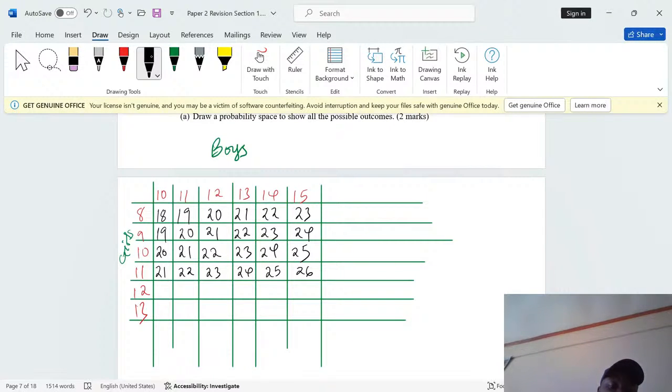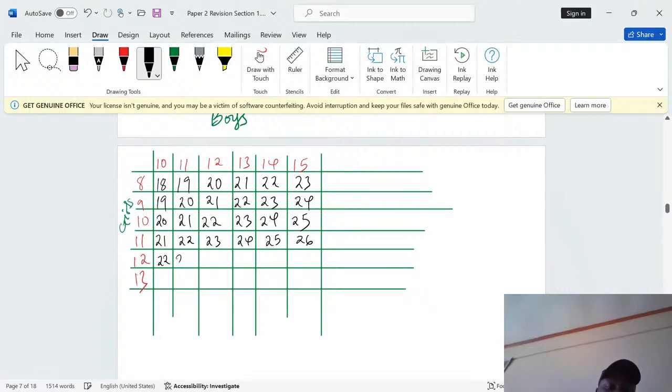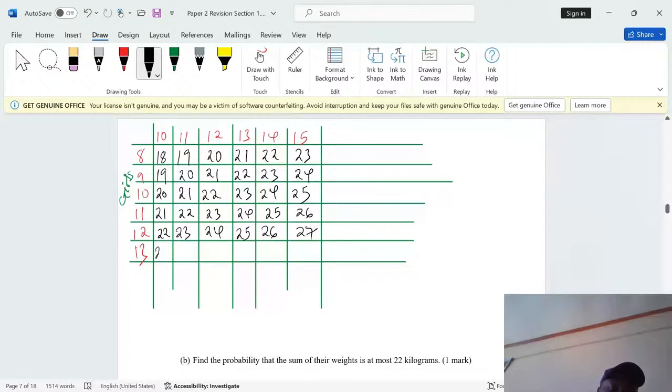10 and 12, giving us 22 is the first one. Then 23, 24, 25, 26, 27. And finally, we'll have 13 and 10, giving us 23, 24, 25, 26, 27, 28.